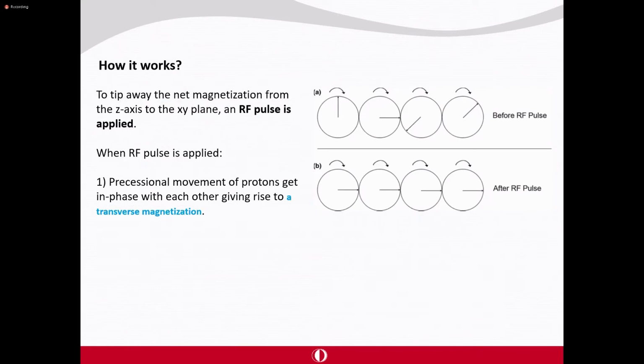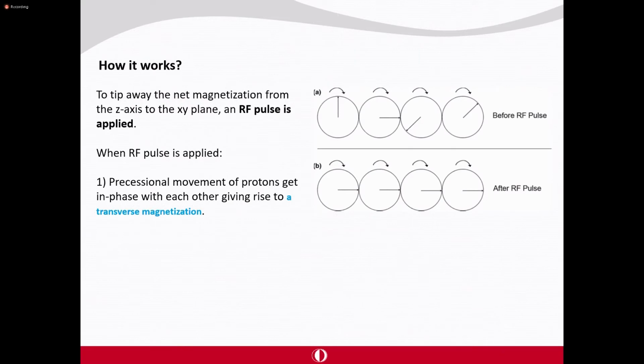So what is going to happen is this net magnetization is going to be flipped with this energy to the XY plane. Consider the top as the Z direction, and the horizontal as the XY plane. So we have the net magnetization being flipped, and in that case, we have created the transverse magnetization.